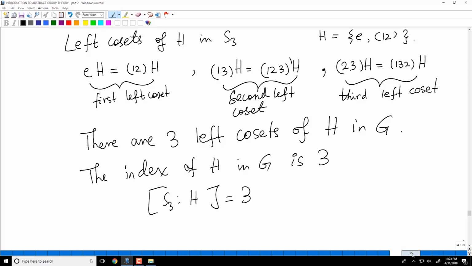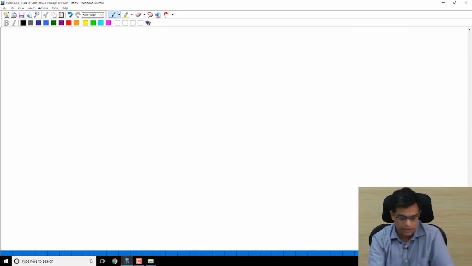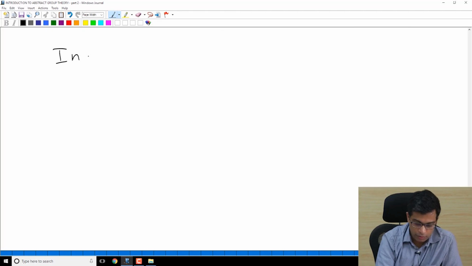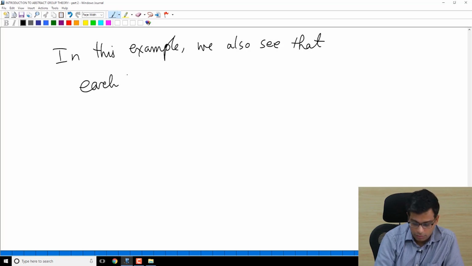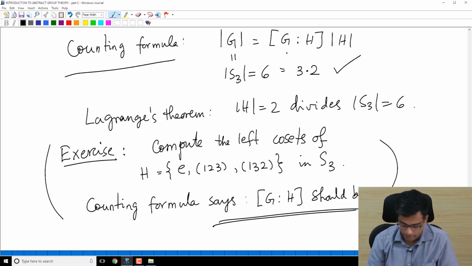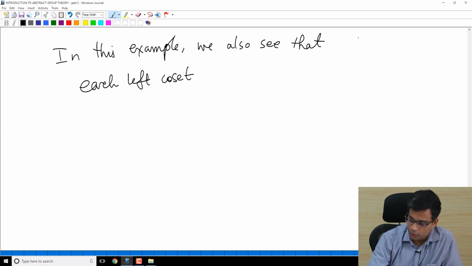So maybe I'll just record this here. In this example that we worked out, we also see that each left coset has 2 elements. In the example H was {E, (1 2)}.